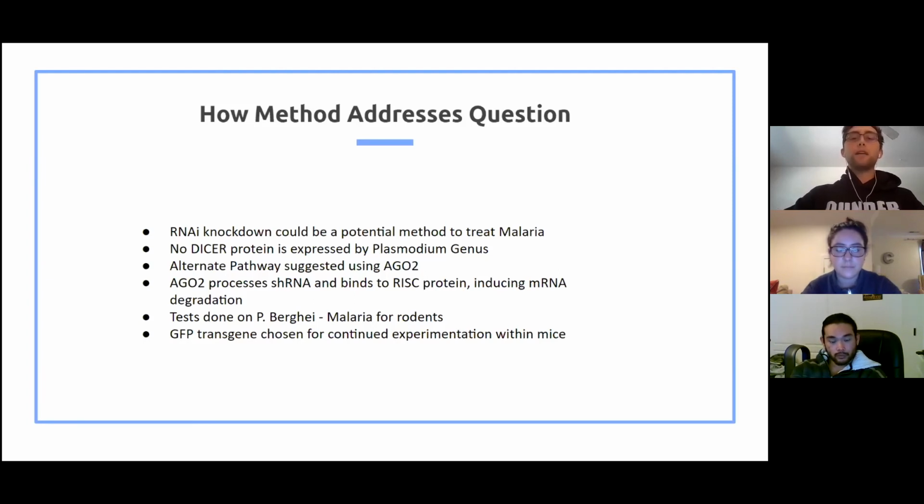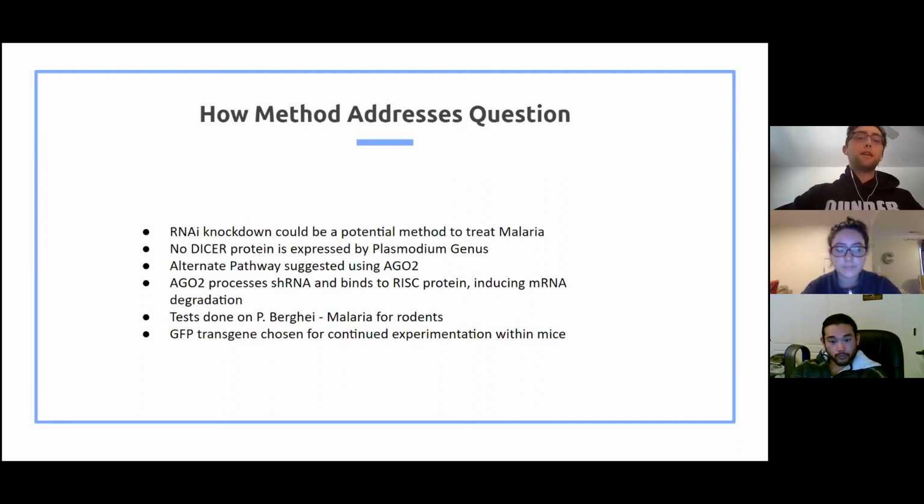An alternate pathway has been discovered in mammalian cells using AGO2, what Gabby previously mentioned, and this processes the shRNA. AGO2 stands for Argonaut RISC Catalytic Component 2, and it's a gene that, when translated, binds to the RISC protein, inducing degradation of mRNA.